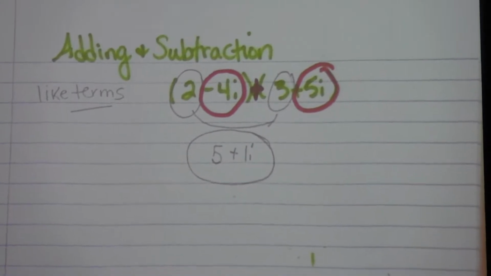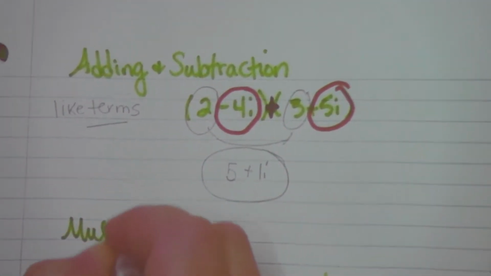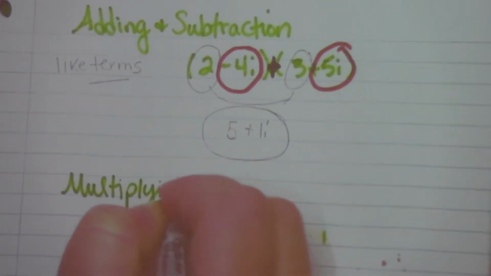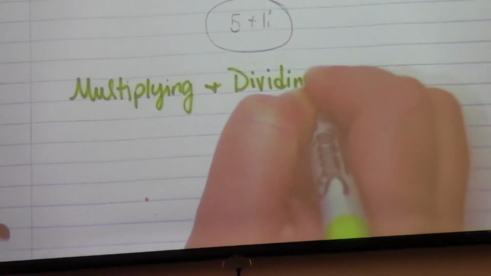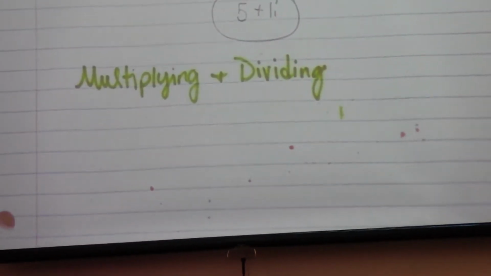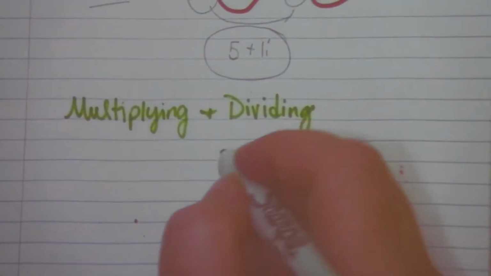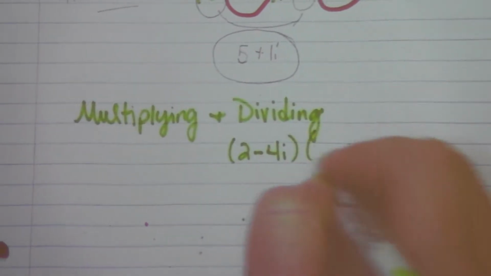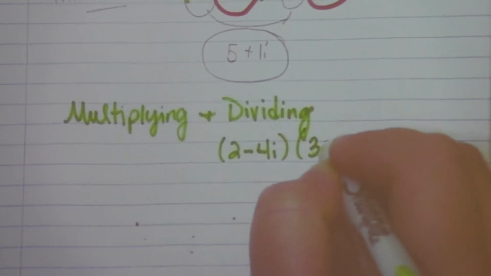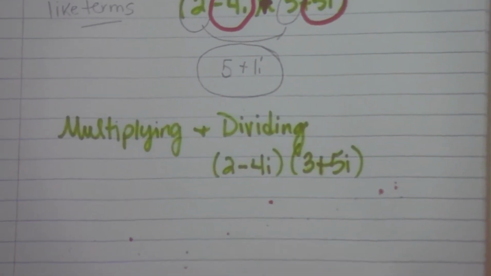Also, today, with those complex numbers, we are going to be multiplying and dividing. When we're multiplying and dividing, we're going to have something like 2 minus 4i times 3 plus 5i, with no other sign in the middle, because we know two parentheses we're multiplying by each other.